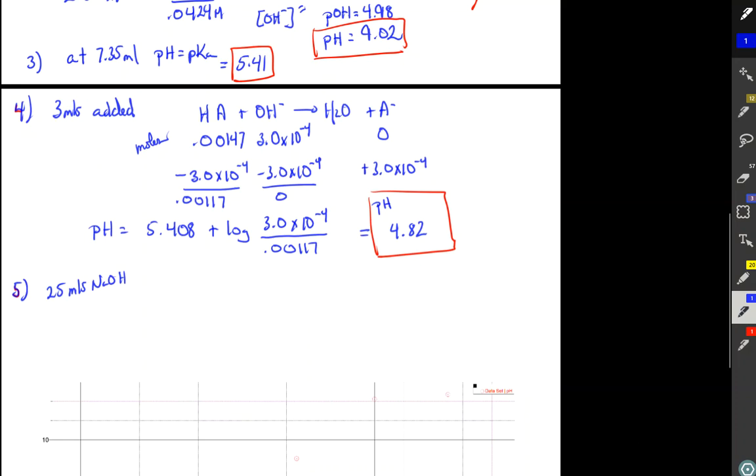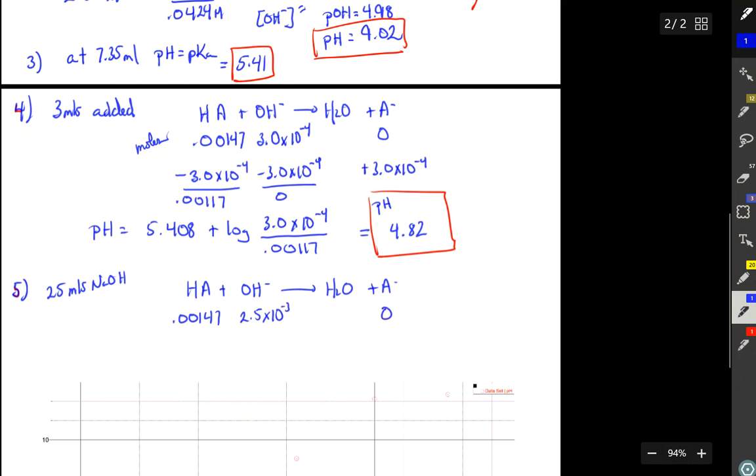So we set up the same problem: HA plus OH minus yields H2O plus A minus. We have exactly the same amount, 0.00147. My OH amount though is 2.5 times 10 to the negative third. And this is 0.